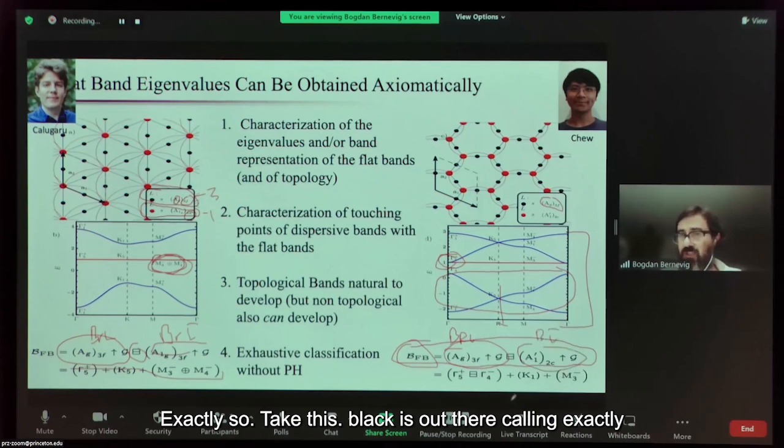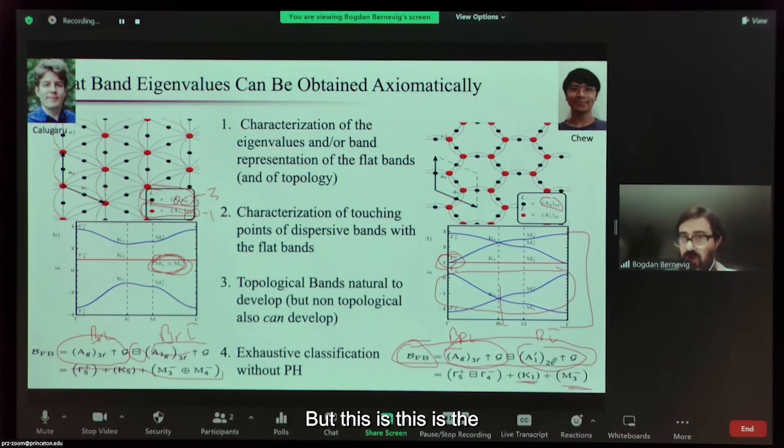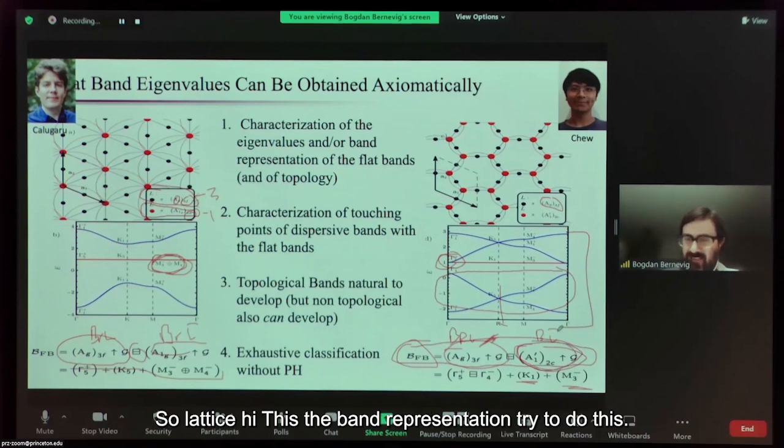But if you try to do this, what you'll find out is that while at the K point and the M point, you'll find that the subtraction works, i.e. at those high symmetry points in the Brillouin zone, you'll find out that the band representation of the L tilde is contained at those K points in the band representation of the L. You'll find out at the gamma point it is not.